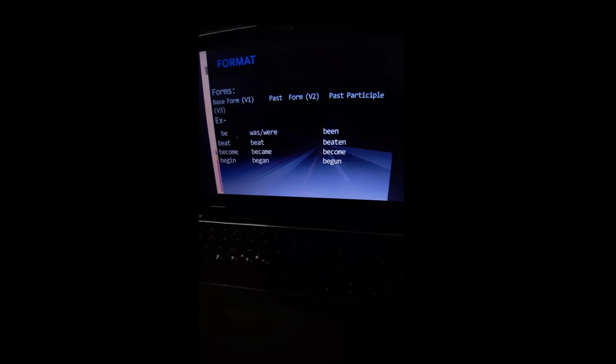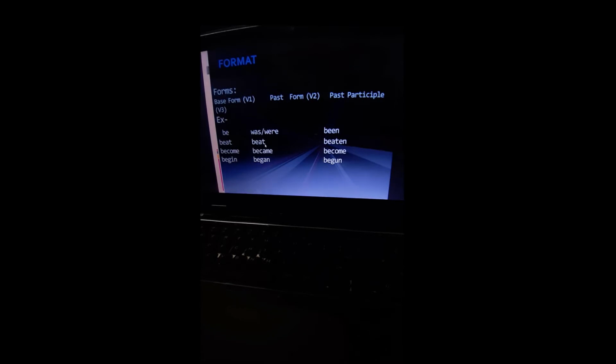The examples are given here, like the be verb. When we change the base form of the be verb into the past form, we write was or were, and the past participle form we write as been. So the terms are be, was, were, and been. Beat, the verb, in past form it will be beat, no change, it will be the same, and past participle it will be beaten.